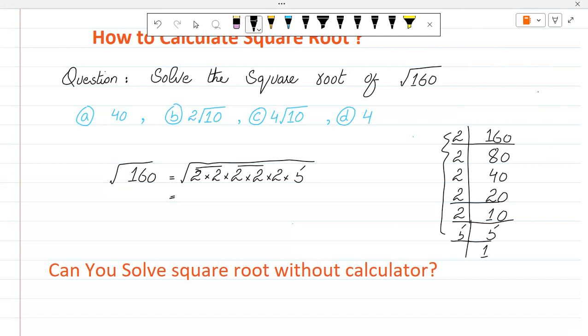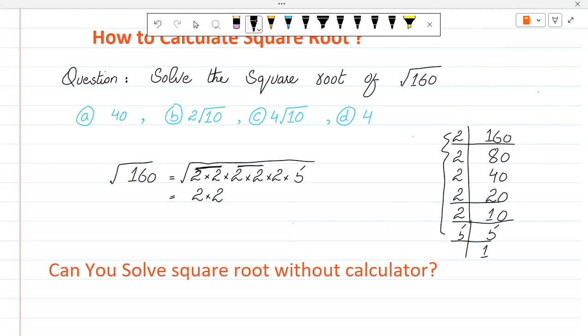When you take a pair outside, it becomes single. From this pair, you can take it out, and it becomes a single 2. Then we take out this pair outside the root, and again this becomes single.